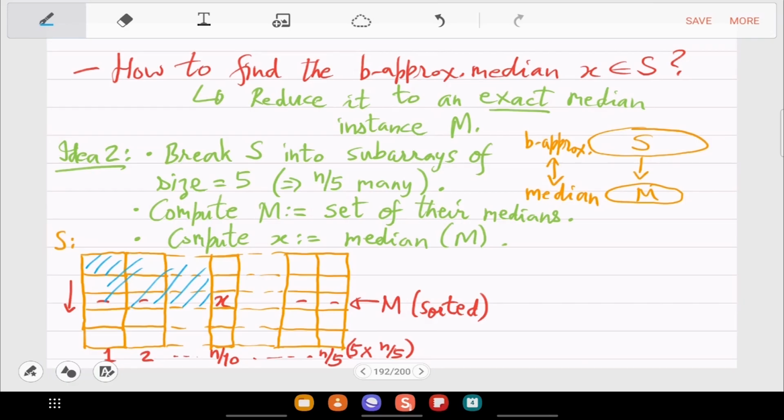Because the previous red dots, they are all smaller than x. And then in a column the blue part will be smaller than the red dot, right? Because the column is also sorted. So this blue part is the less than x part. And similarly here the green part is greater than x part.